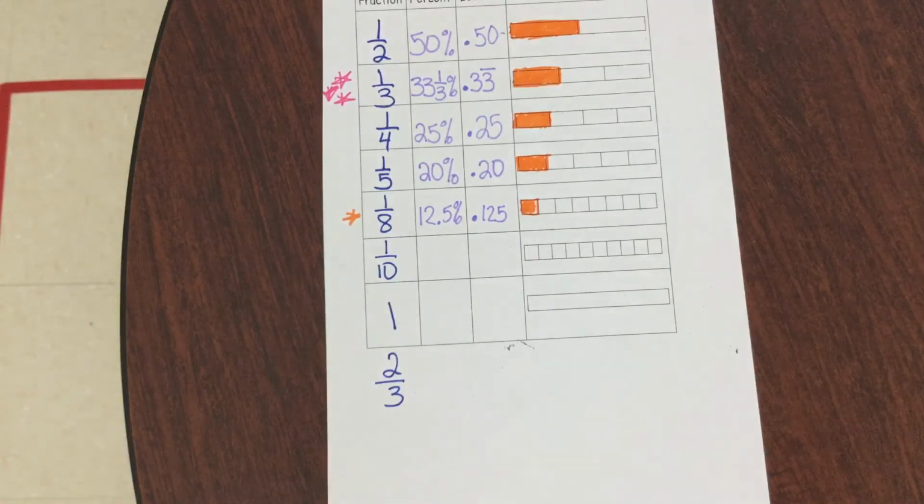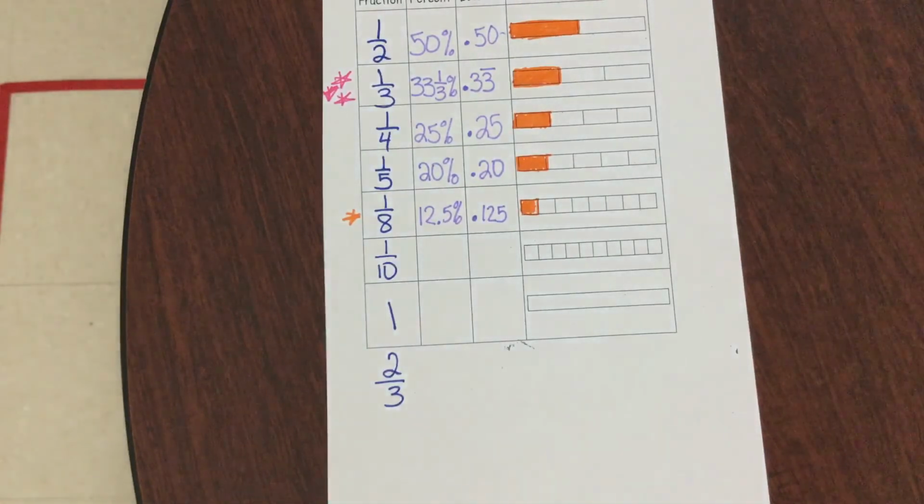How can I figure that out? You do 12.5% plus 12.5% plus 12.5%, or times 3. And I'm going to get 36.5. Close. 37.5. 37.5%, right? All right, so just keep that in mind.